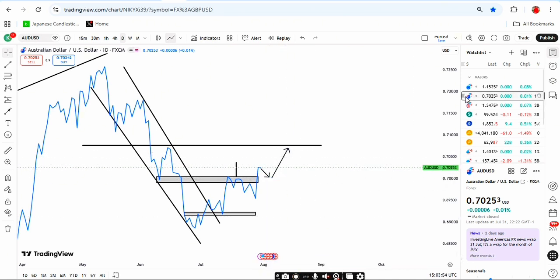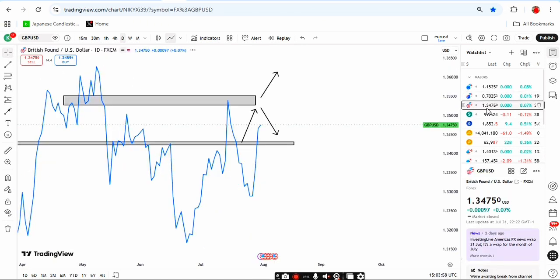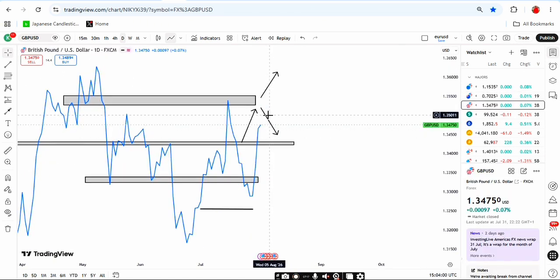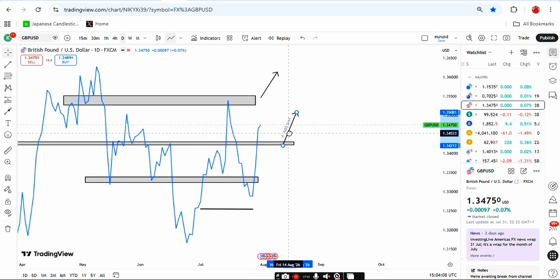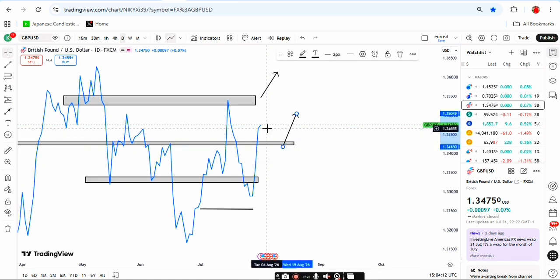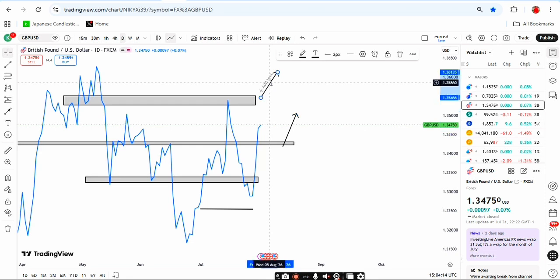Lastly, for pound dollar. Almost the same thing here. However, I'm not going to be trading much pound dollar this week because it's not well defined for me. I like to have a well defined strategy or plan.